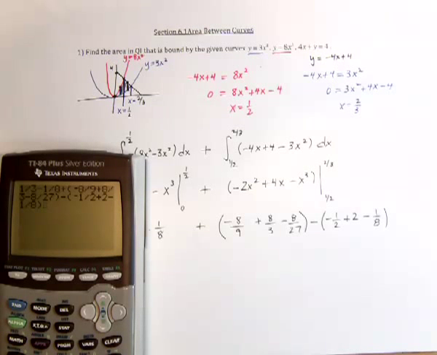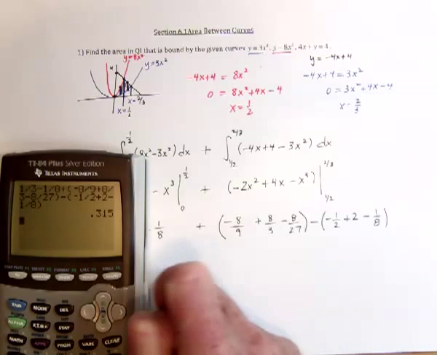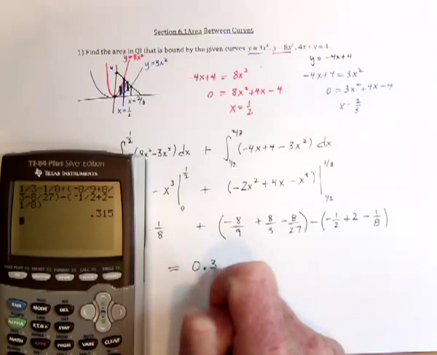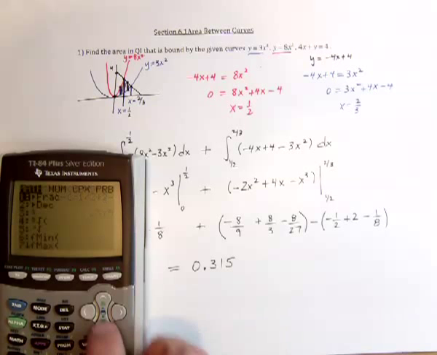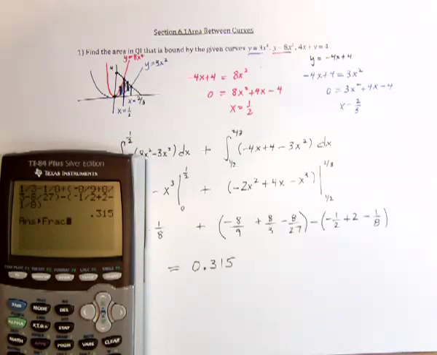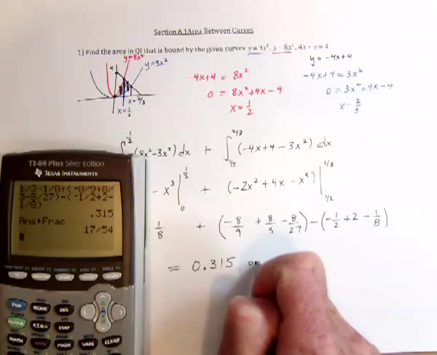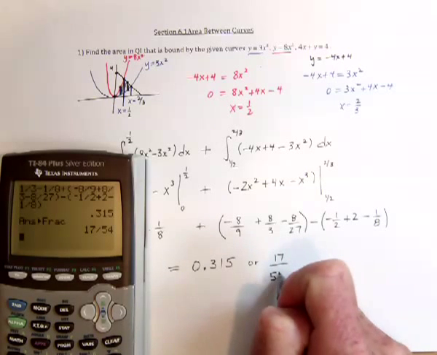And I thought that the answer would be less than a half. Let's see. Yeah, a little bit less than a half. Or if you would like to have that as a fraction, 17/54.